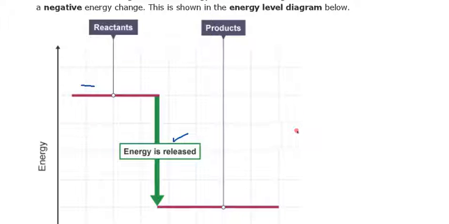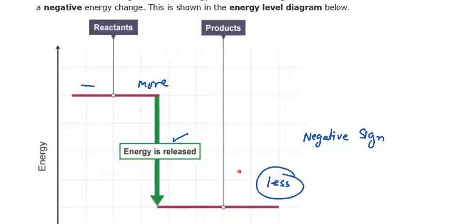So the energy term is shown on the negative side. Energy difference is always calculated as product minus reactant. The product has less and the reactant has more, so the value comes out negative.